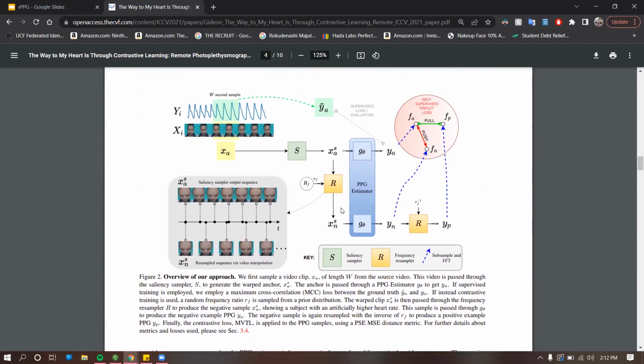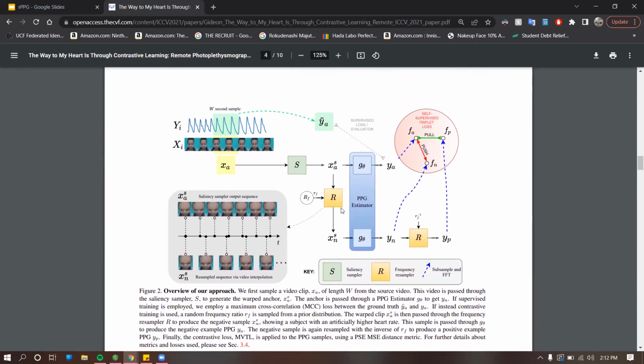This one? Yeah. So it says here a random frequency ratio is sampled from a prior distribution.